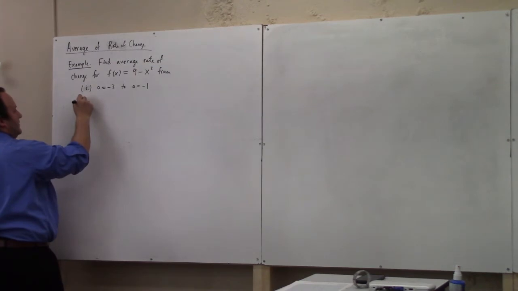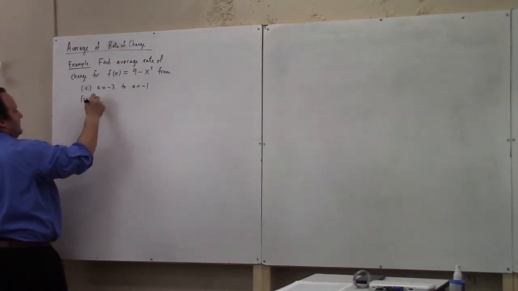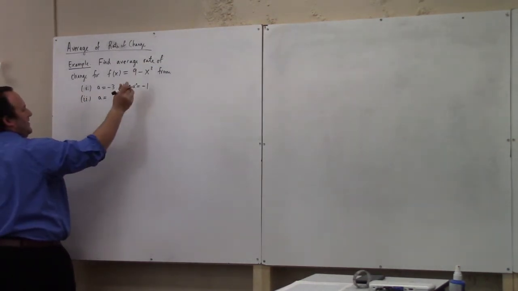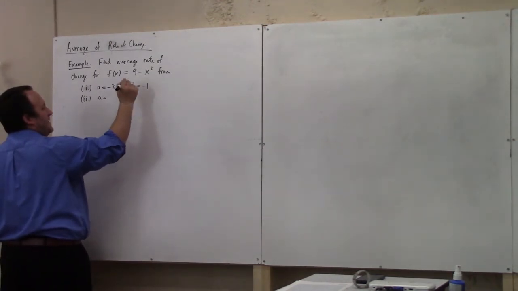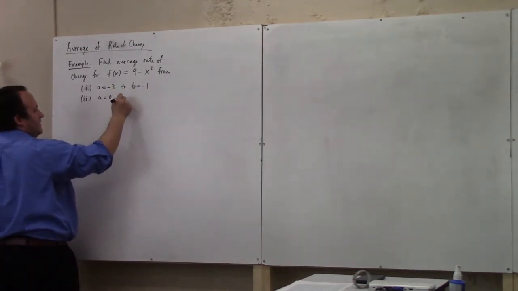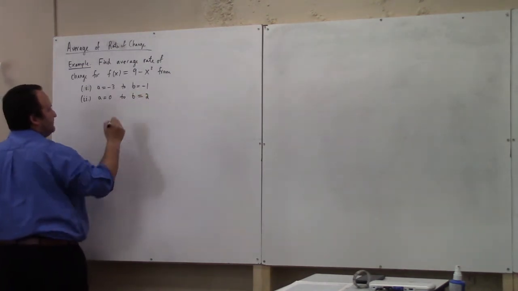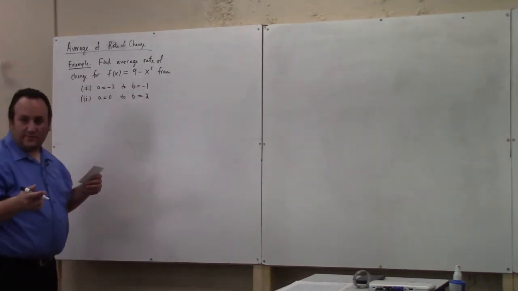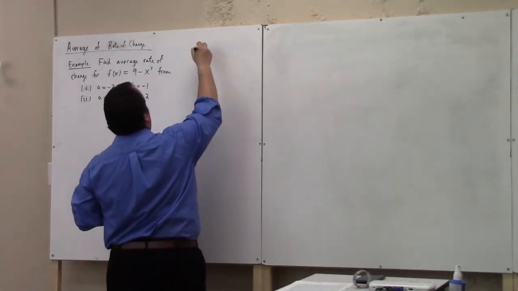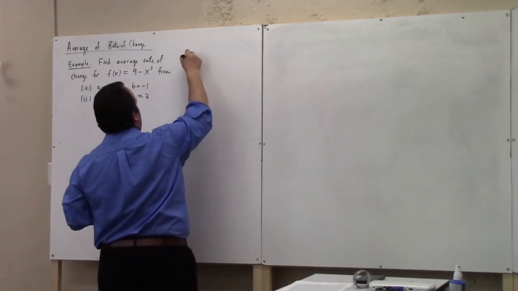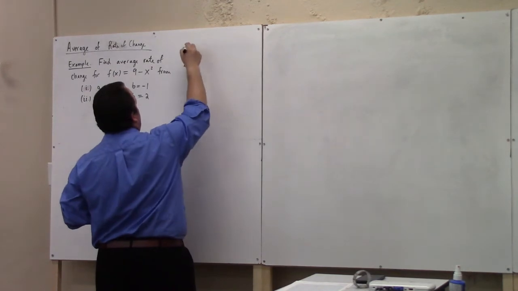And part two we'll do, say, from a equals 0 to, let's say, b equals 2. What was the average rate of change? That's delta y over delta x.